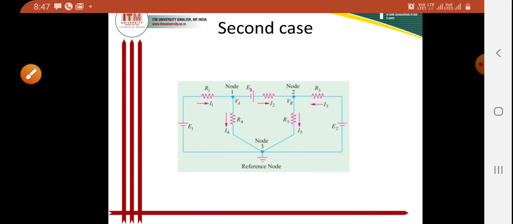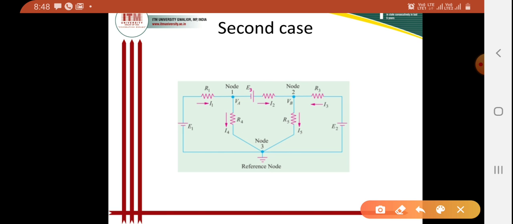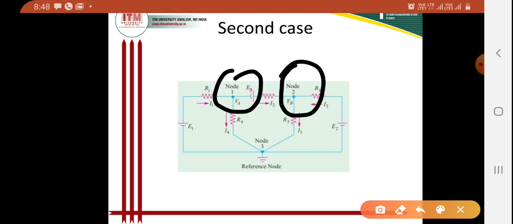Now we can write the equations, applying KCL. Here we can write I1 minus I4 minus I2 is equal to 0. I am talking about node 1 first, and applying Kirchhoff's current law to node 1. Similarly, I have to apply Kirchhoff's current law to node 2 also.